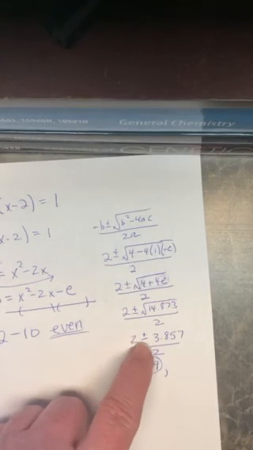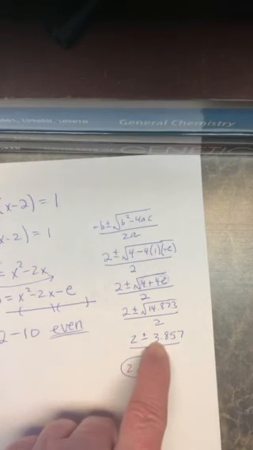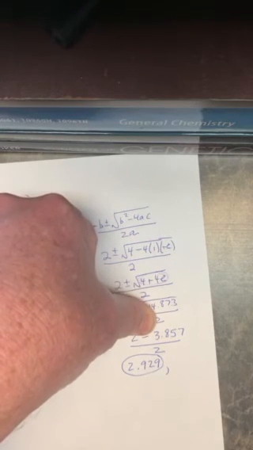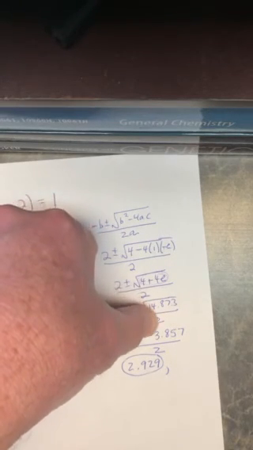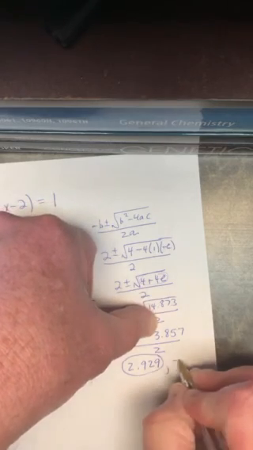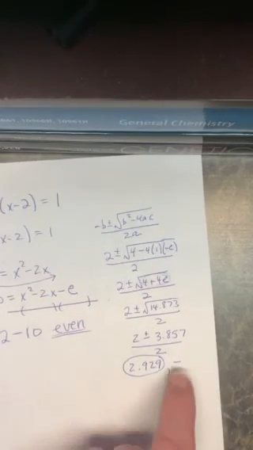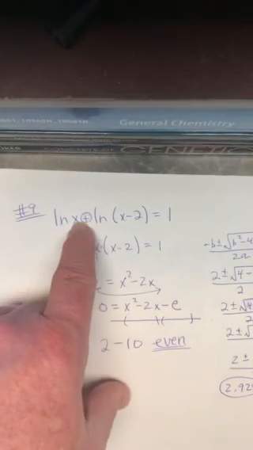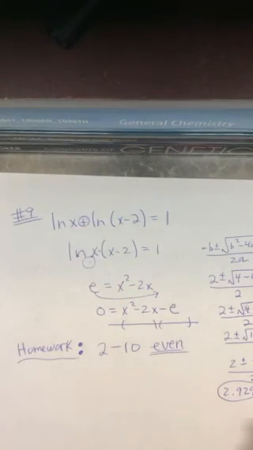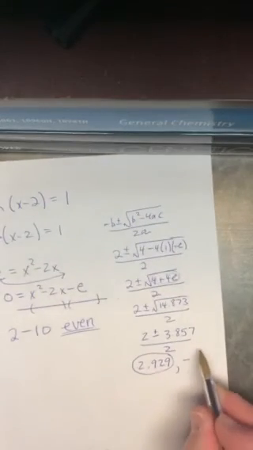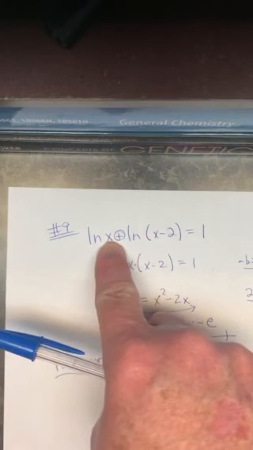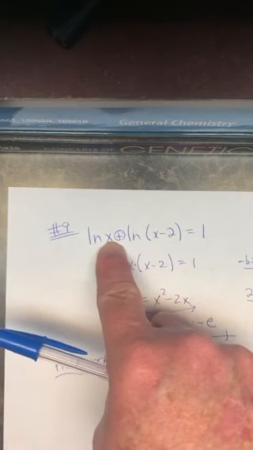Now watch this. When I take 2 minus 3.857, do you agree that that's going to be a negative 1 point something divided by 2, creating a negative answer? Well, guys, a negative answer makes no sense, because if you look at the original problem, if I circled a negative answer here, can a logarithm ever have a negative number next to it? Think about it. The answer is no, isn't it?